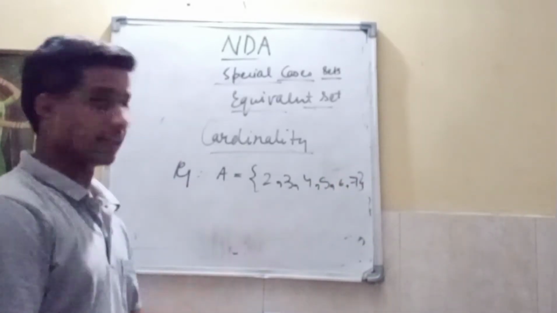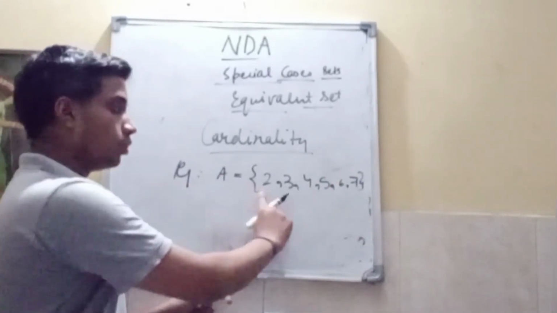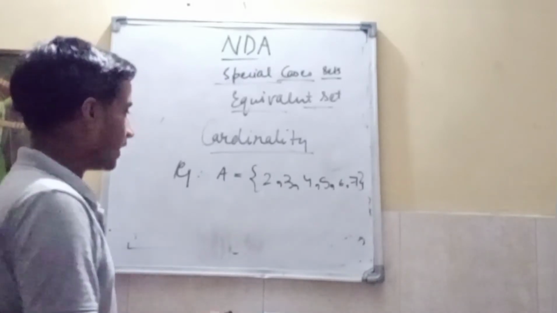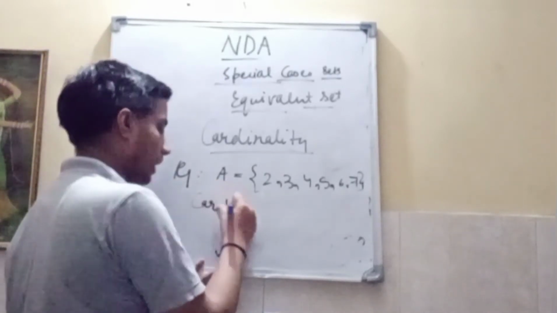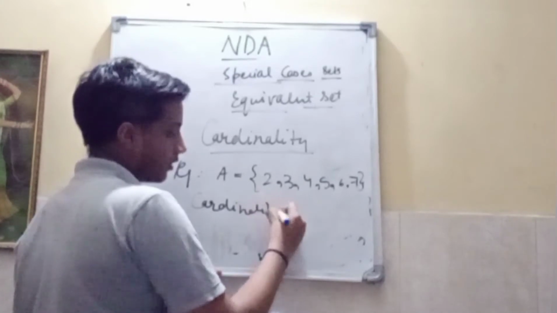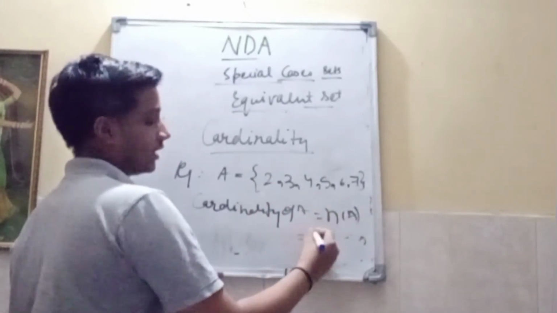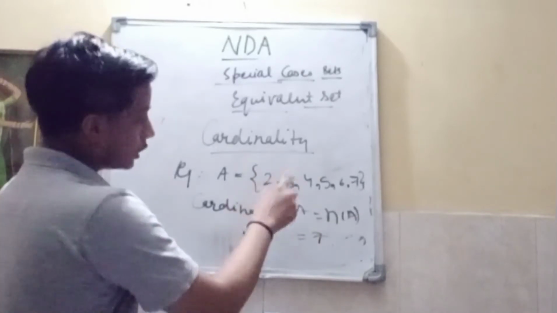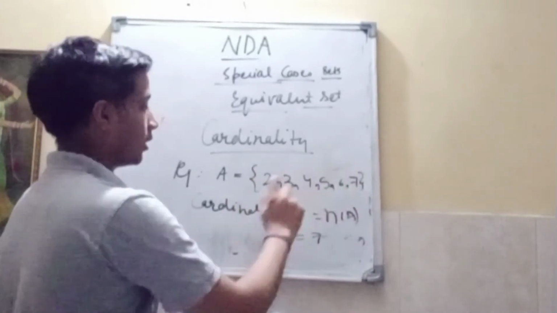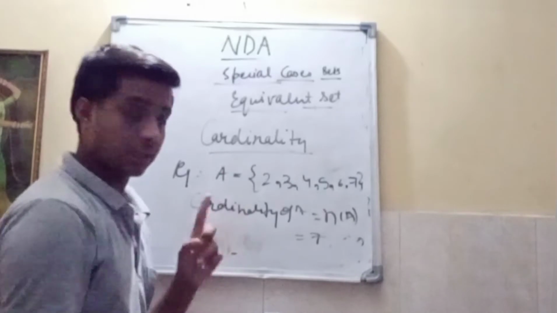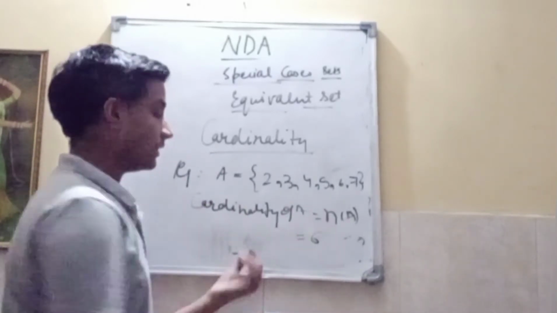This is a set which starts from 2 and ends with 7. Let's count the elements: 1, 2, 3, 4, 5, 6. Sorry, it's 6. So the cardinality is 6.